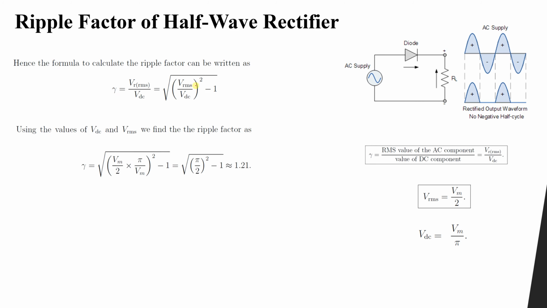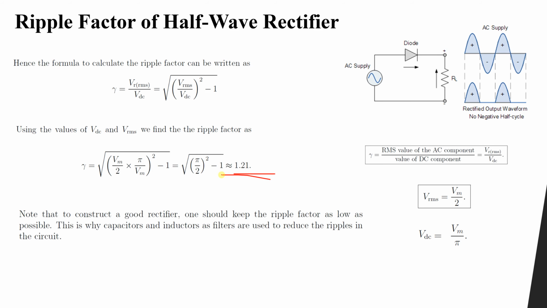If you substitute in this equation, you will finally get 1.21. This is the ripple factor, 1.21. The higher this number, the more ripples you have in the output, so we will try to minimize this value as much as possible.